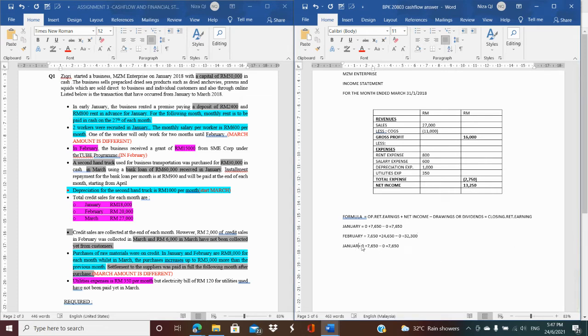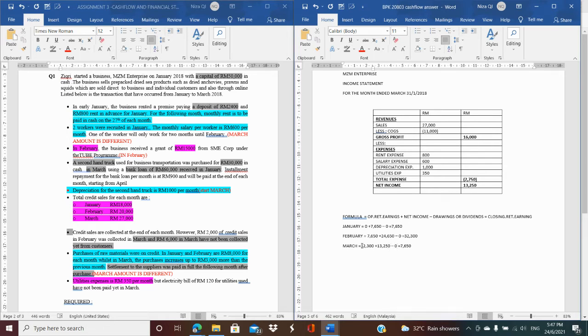Now for March. You are going to use this because you want to take the amount of retained earnings from here. So March will be 32,300 plus the March net income of 13,250, and then minus 0 because there are no drawings.